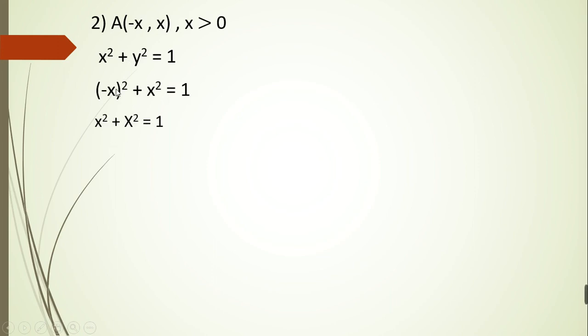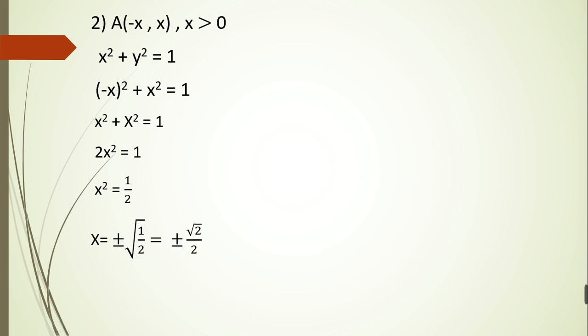Then x power 2 plus x power 2 equals 2x power 2. So 2x power 2 equals 1 and x power 2 equals half. To find x, don't forget to put positive or negative: positive or negative root 1 over 2, which equals positive or negative root 2 over 2.